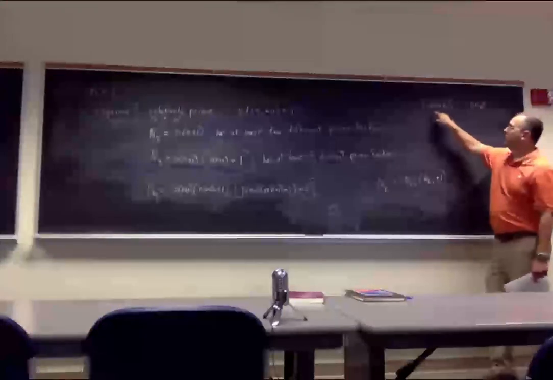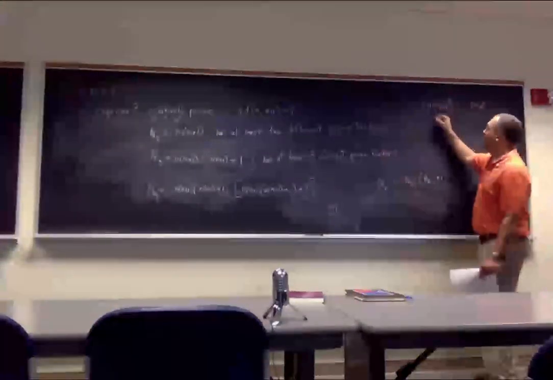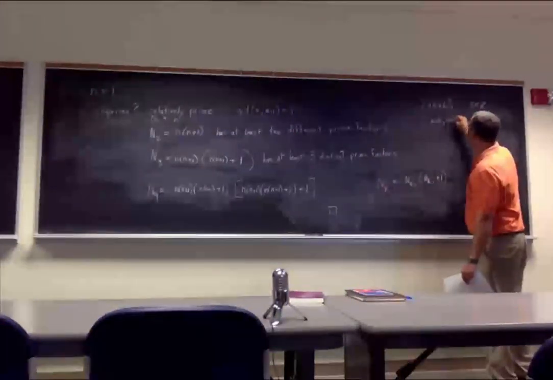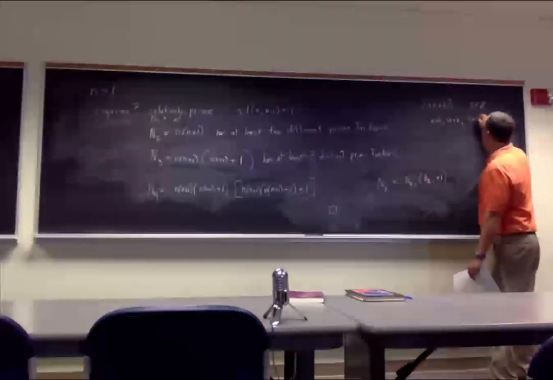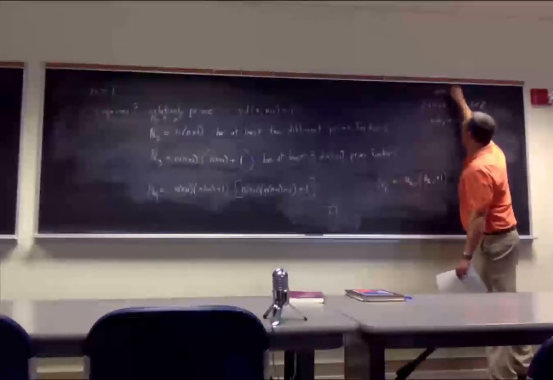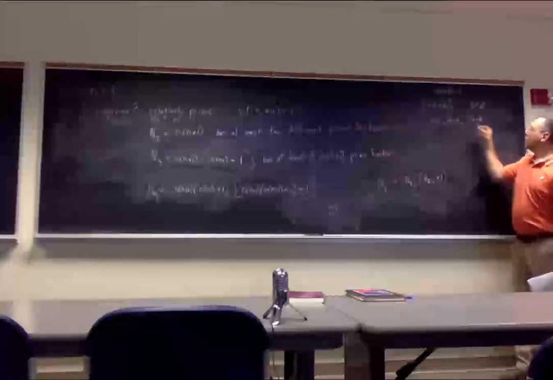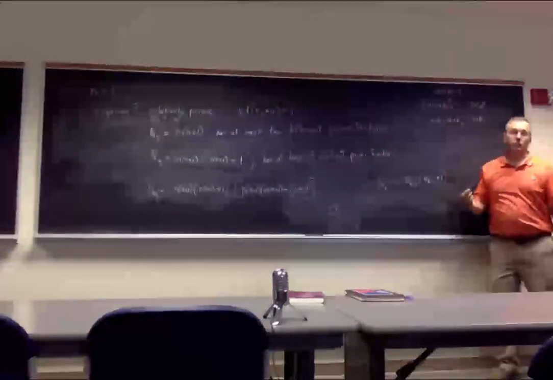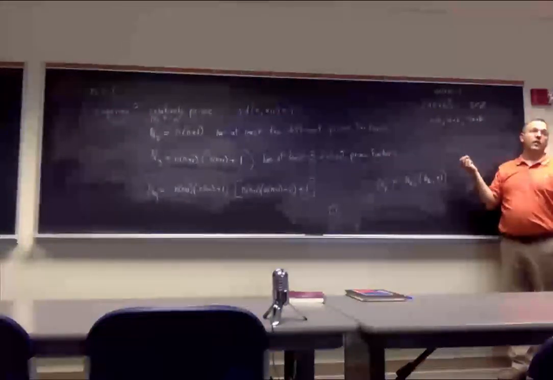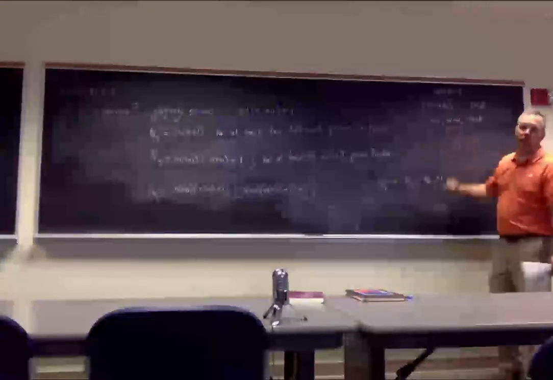Dirichlet proved that if you look at all numbers of this form, like b, a plus b, 2a plus b, 3a plus b, and a and b are relatively prime, then this set of numbers has an infinite number of primes, which is kind of neat.